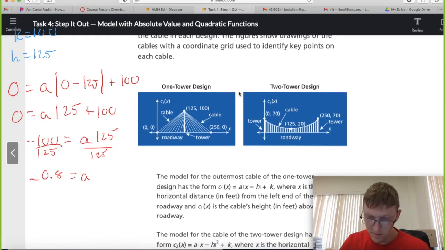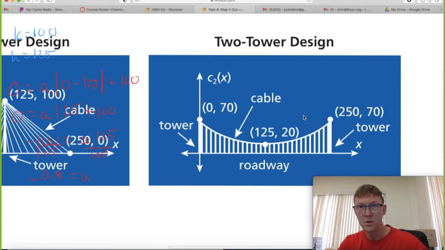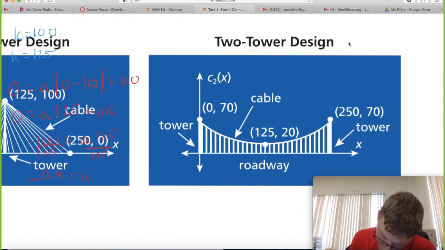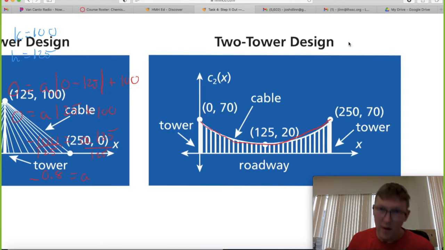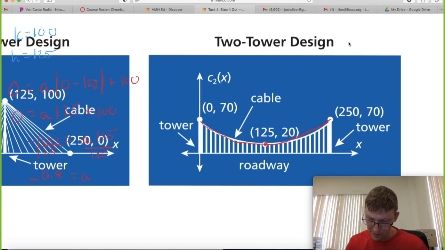So here, we're looking at this part right here as being our parabola. So we've got our vertex right there. Our vertex moved from 0, 0 this way, how many units? And then up, how many units?